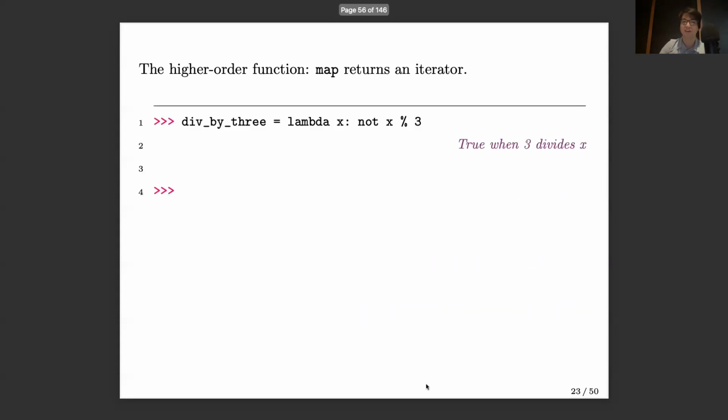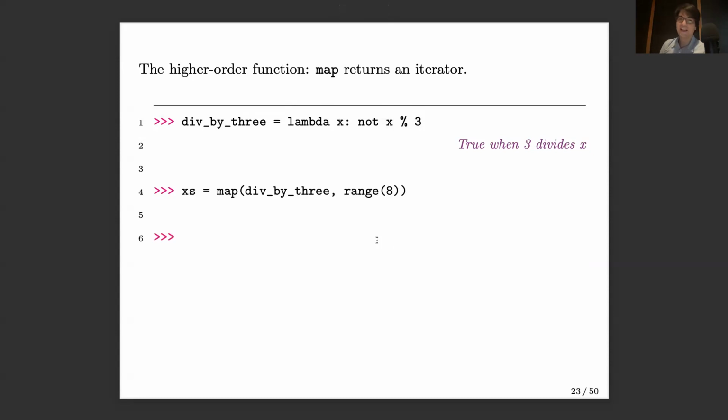Okay, let's see how this works. I'm going to create a function called divisible by 3. Remember, this is a weird statement: 6 mod 3 is 0, so that is divisible by 3, so I have to put a not over that. Again, this is testing for divisibility by 3.